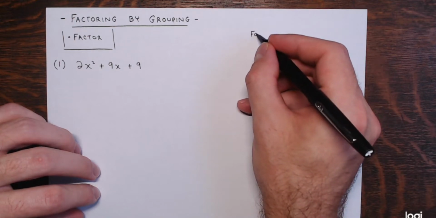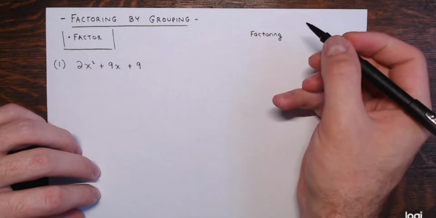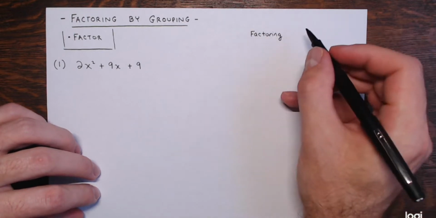Here's the method we're going to use. I'm going to go off to the side here and write out the steps I'm going to follow for every single example in this video.